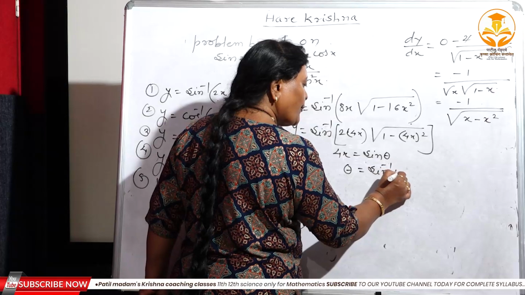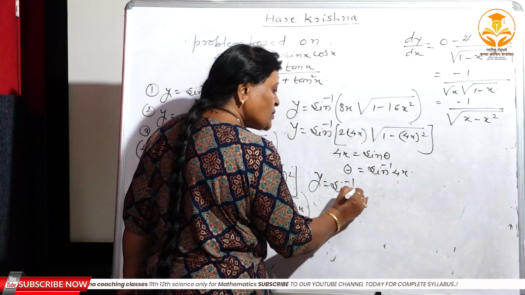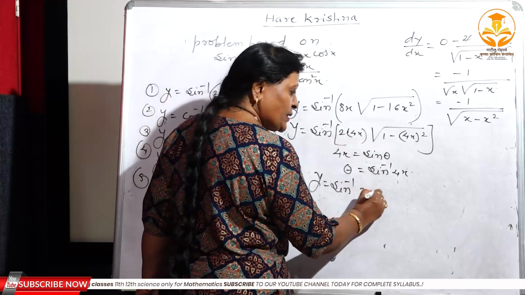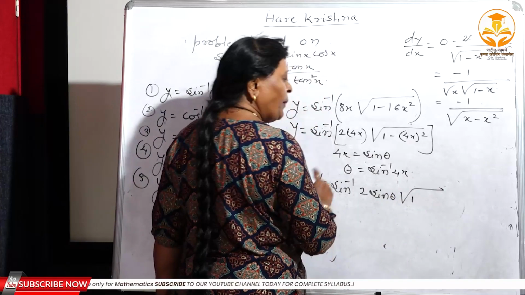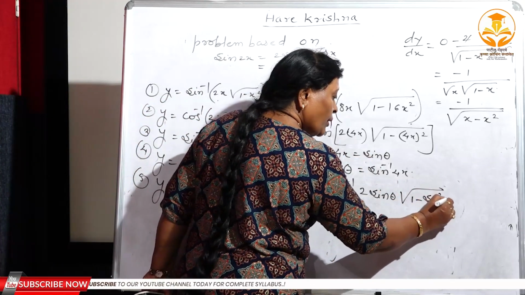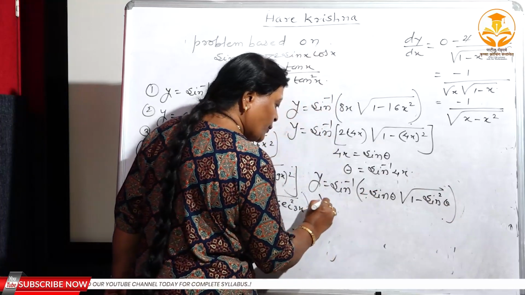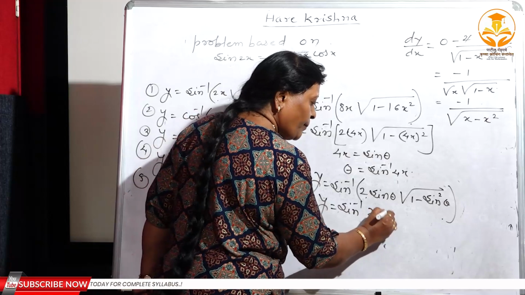Therefore, theta is equal to sin inverse of 4x. Therefore, y is equal to sin inverse. This 2 remains as it is. 4x is nothing but sin theta, and root of 1 minus 4x square means sin square theta, and you know 1 minus sin square theta is equal to cos square theta, and root of that is cos theta, isn't it?